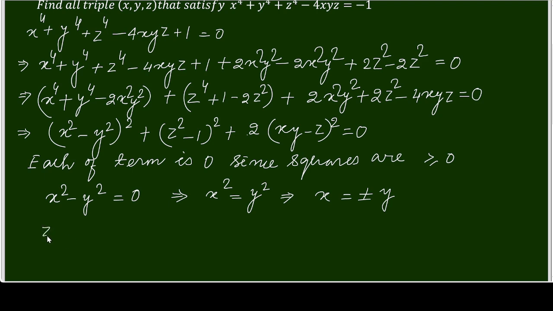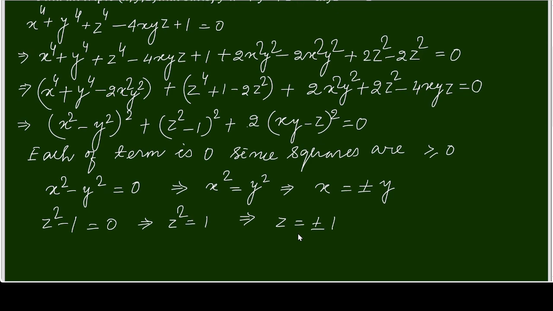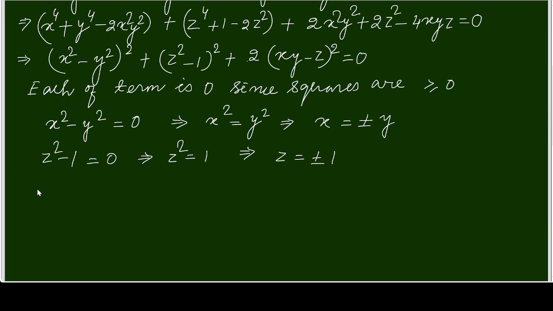Next is z square minus 1 equals to 0, so z square equals to 1, or z equals to plus minus 1. And the third possibility is xy minus z equals to 0, so z equals to x into y.